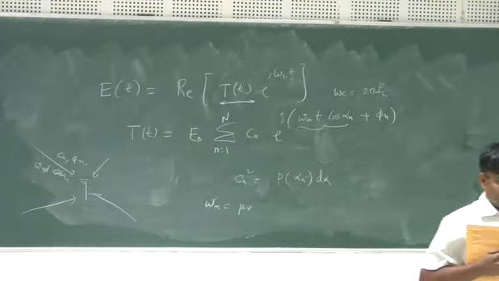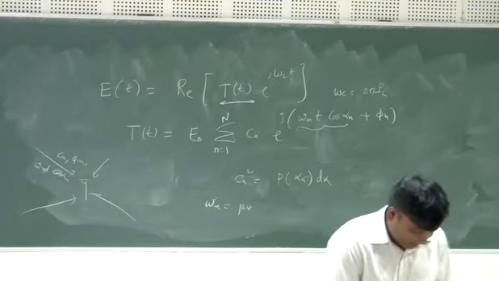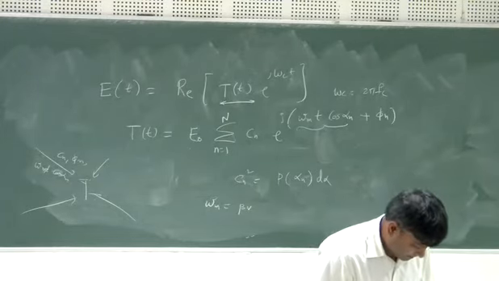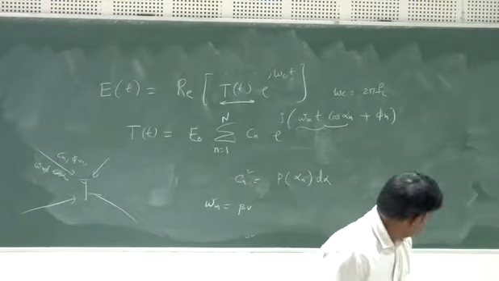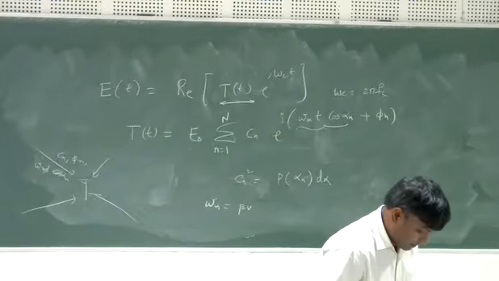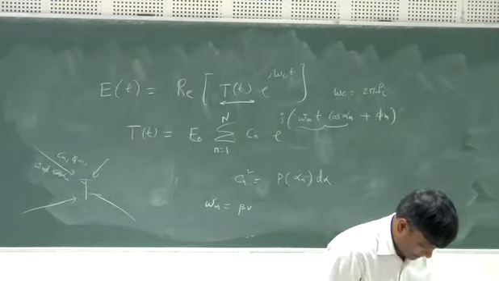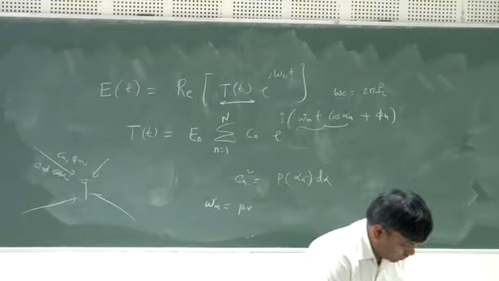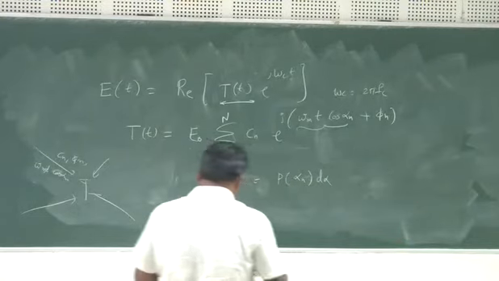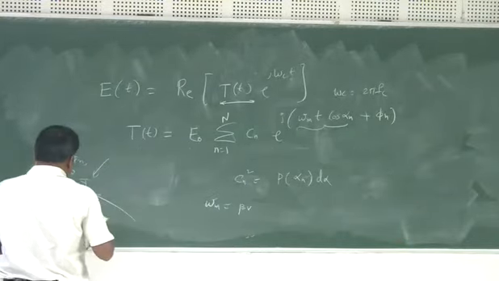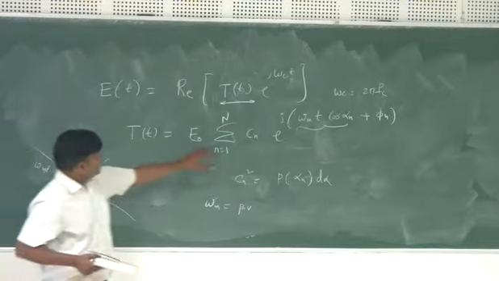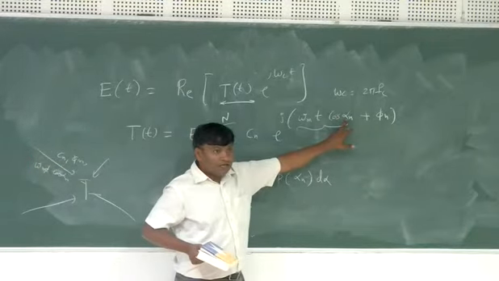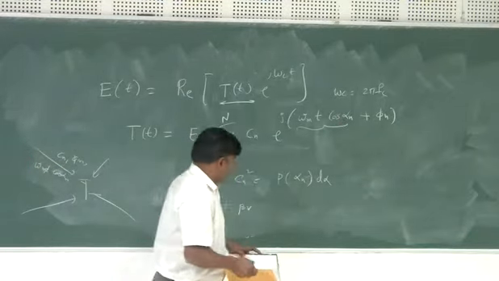If it is omnidirectional, well, right? Take a moment and just look at it more. Now we will assume that the arrival angles are uniformly distributed. That is, these alpha n's are uniformly distributed.